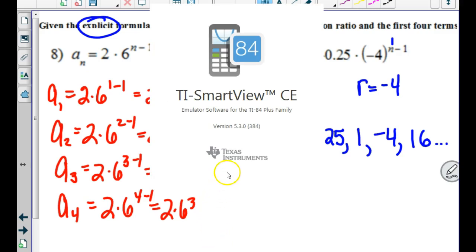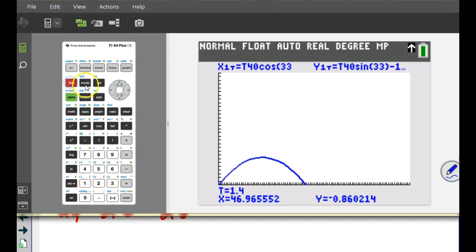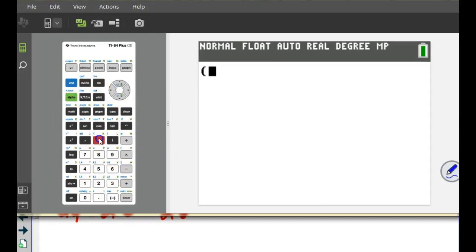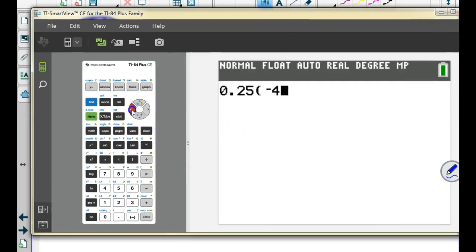I'm just worried that you have to type this very carefully. You have to have those parentheses. 0.25 times -4, and there's a negative in both places, to the 12 minus 1, or 11th power.